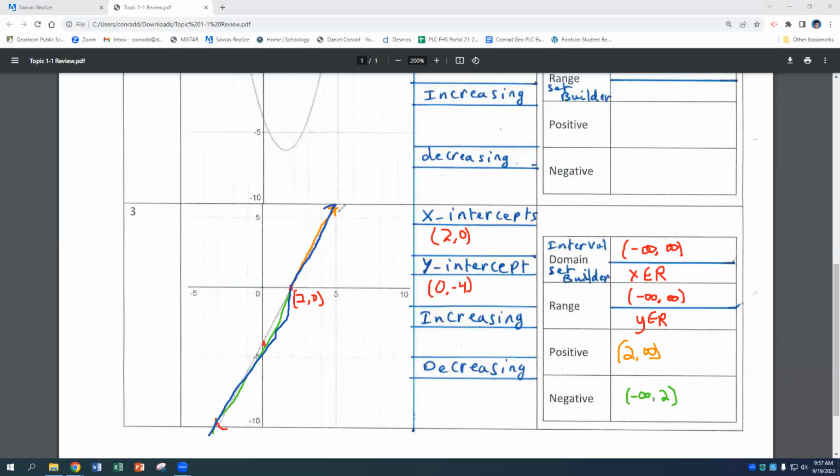The slope is positive. So we're increasing from negative infinity to positive infinity. It's always going up, which means it's never decreasing. So there is no decreasing interval for this line. Okay, and that's it for these 3 review questions.